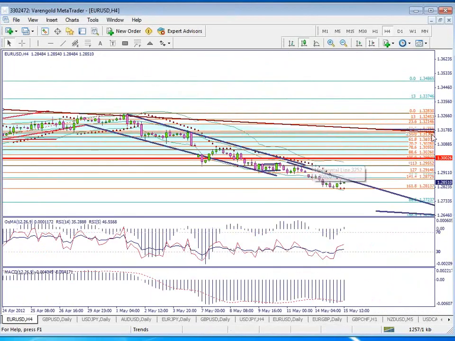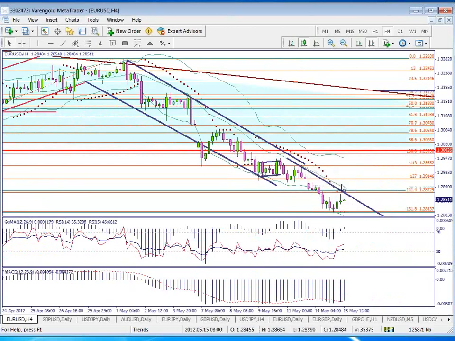On the 4-hour time frame, you can see that the pair didn't even reach the 141 level, and I have one signal for buy here with a small confirmation from MACD, but yet I think that the pair will just have the power to go up to 141.4, not higher.